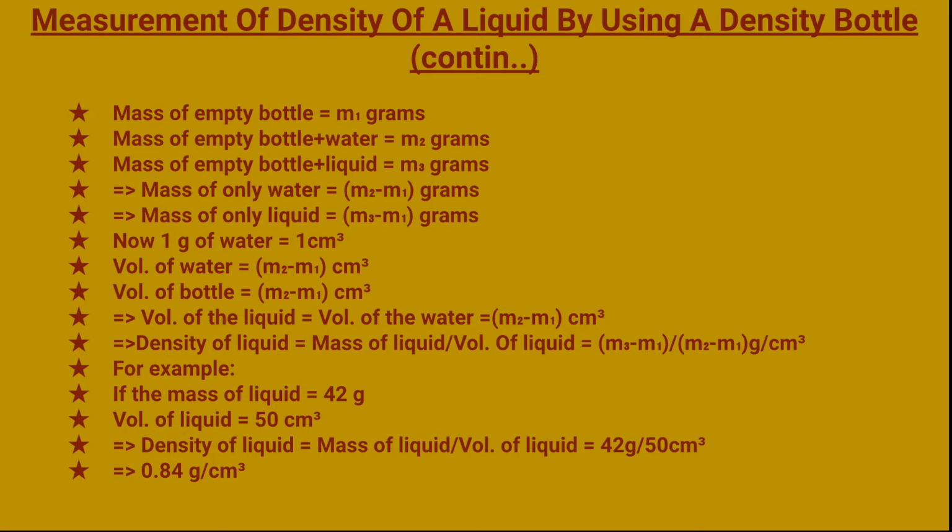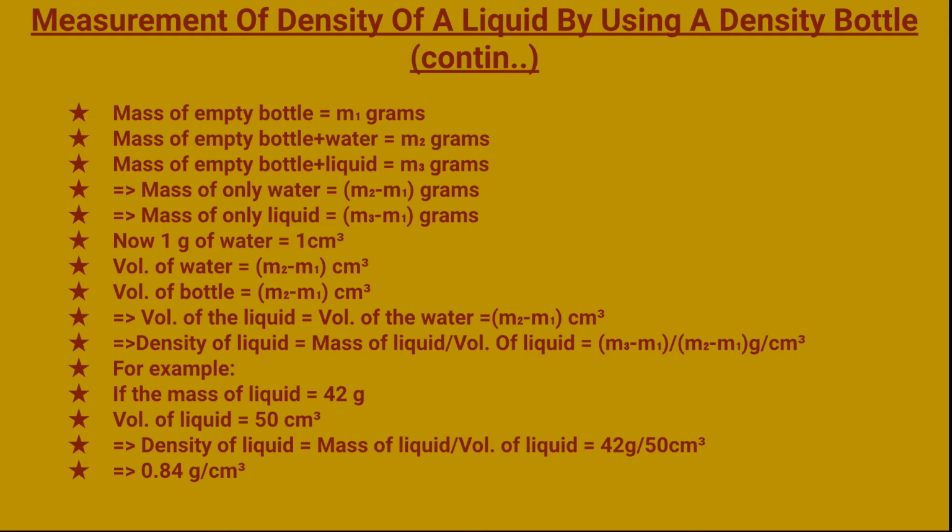So we take the mass of the empty bottle, say m1 grams, and the empty bottle plus water, say m2 grams. Now we drain the water out, dry it, and pour in the liquid. This time the empty bottle plus the liquid we weigh as m3 grams.